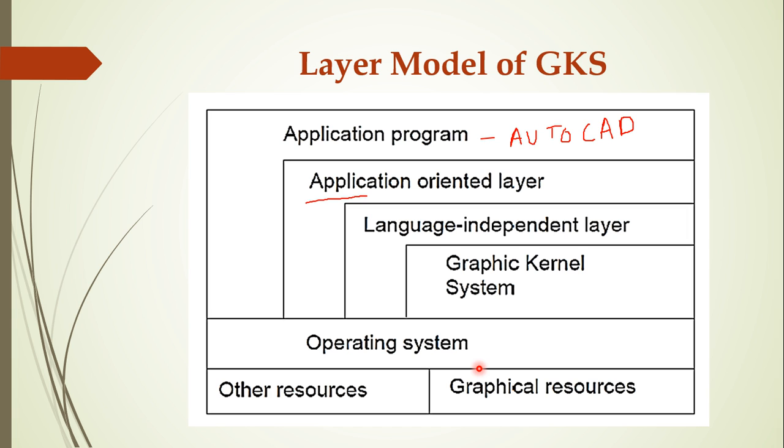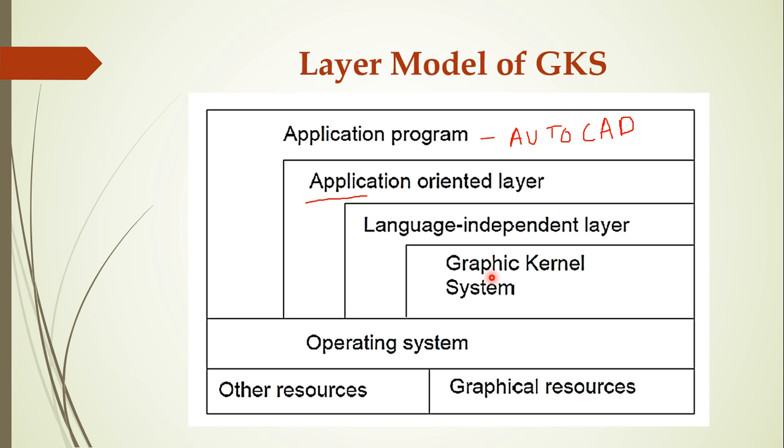So how is it happening? You're utilizing your input device, the keyboard, to type the letter L. That is transferred to the GKS which is available in your operating system. That GKS will convert that into a specific ASCII code, that is American Standard Code for Information Interchange.